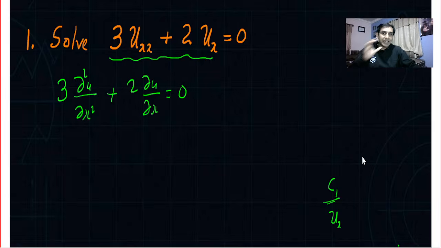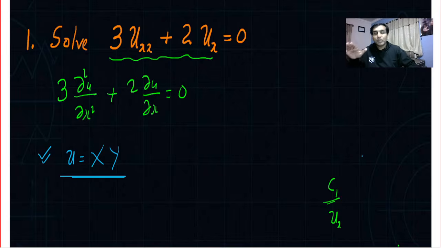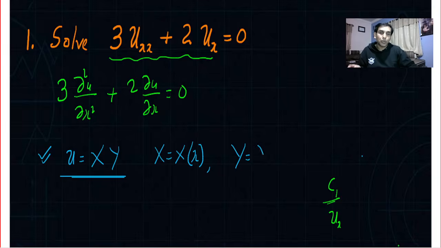Let it be any second order equation in the standard form, we assume the solution to be u equal to x into y. This is our solution. So in every problem which you do with separation, the solution will be x into y, where x is a function of x and y is a function of y, which we are going to find.